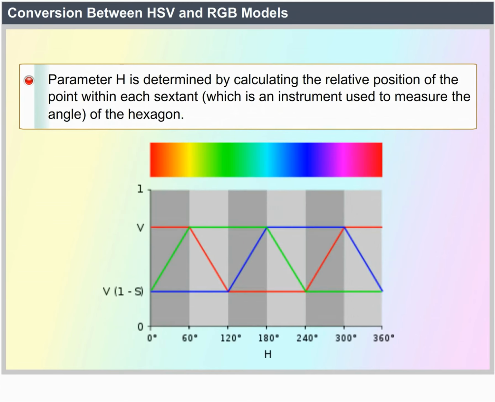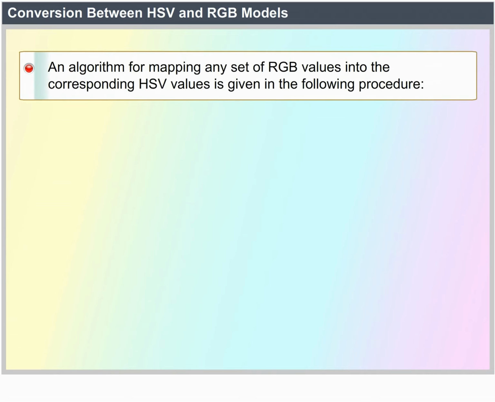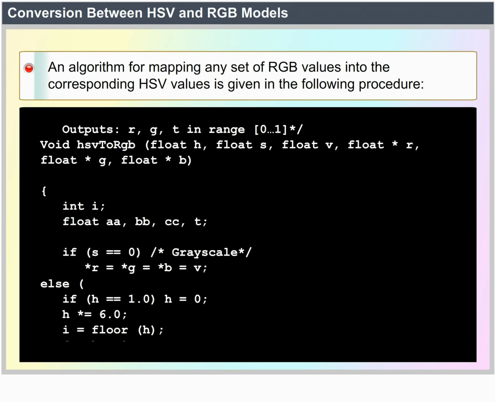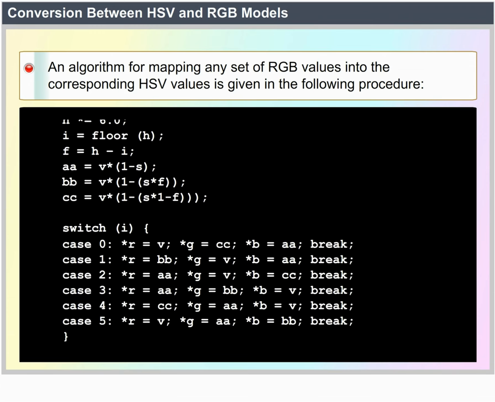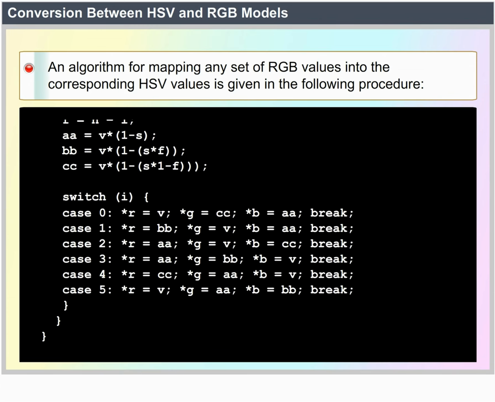Parameter H is determined by calculating the relative position of the point within each sextant of the hexagon. An algorithm for mapping any set of RGB values into the corresponding HSV values is given in the following procedure.